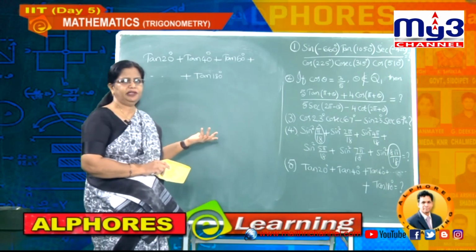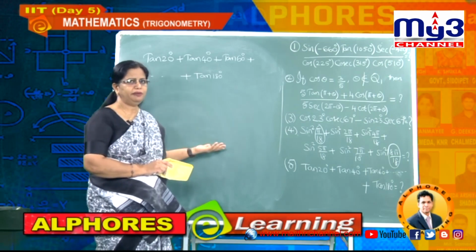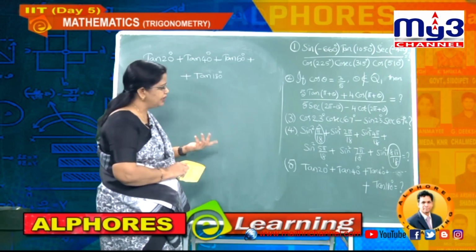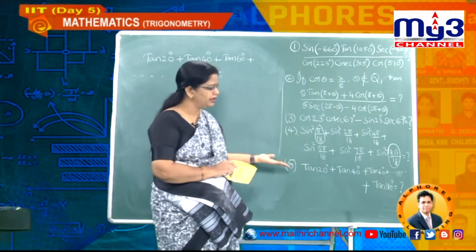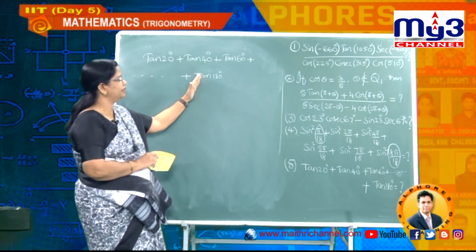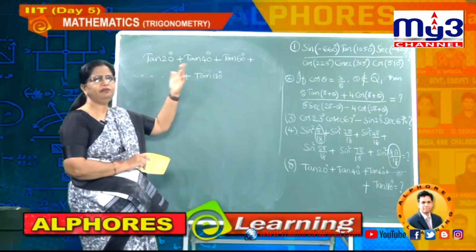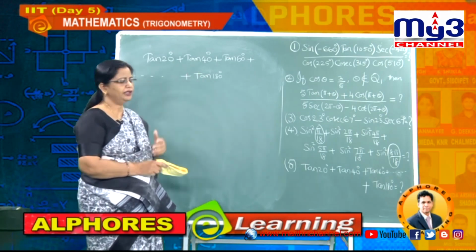But it does not come under either complementary or supplementary. Then you might ask me, ma'am, just now you said the first term and last term relation is there, but here it is not. So don't worry. Here let us take the preceding terms, because this is a known value, nothing to worry about. The known value is 0, you can write tan 180 directly.